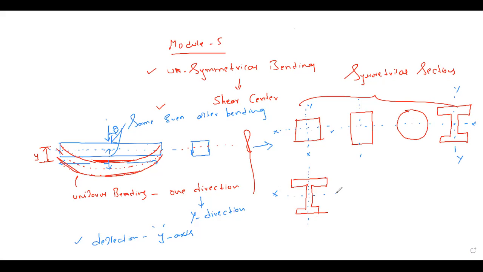X-axis. Very good. In the x-axis, this is unsymmetrical, so the centroid won't lie on the neutral axis. In symmetrical sections the neutral axis lies at the centroid of the section, but here the neutral axis and centroid don't coincide. The centroid will be somewhere here and the neutral axis will be here.